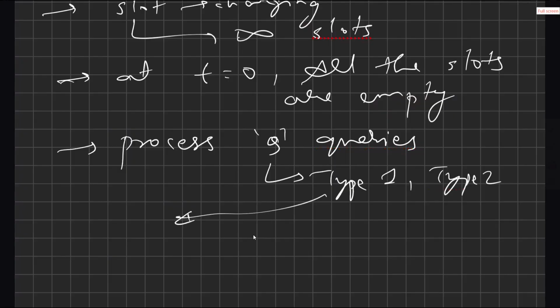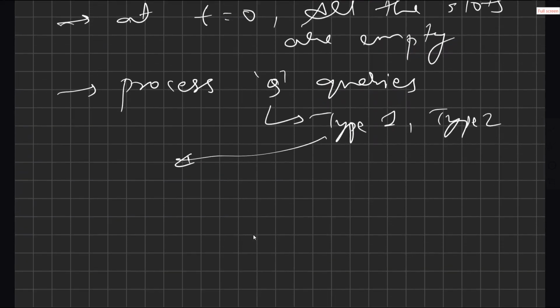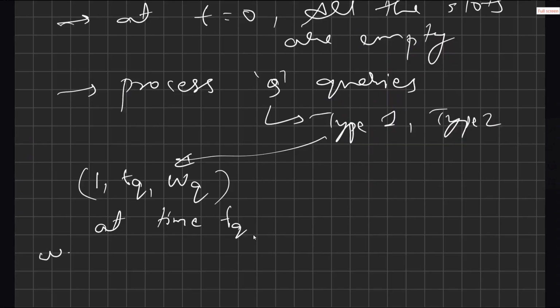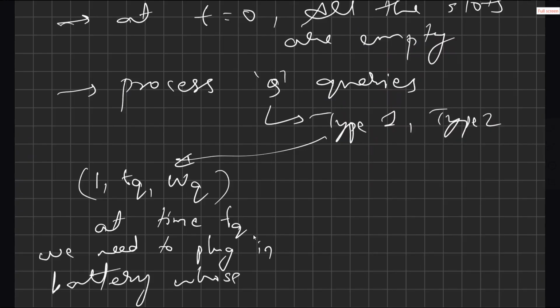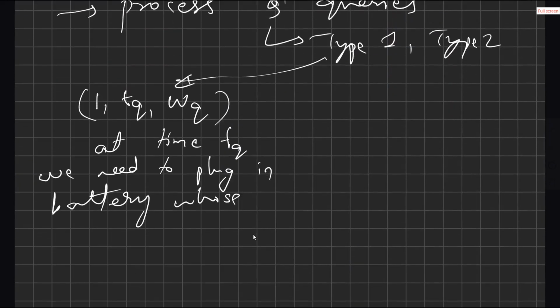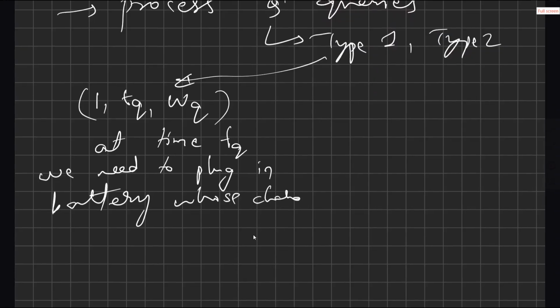Type 1 is of the form 1, tq, wq, which means at time tq we need to plug in a battery whose charge is wq.